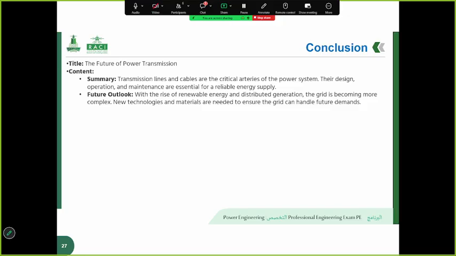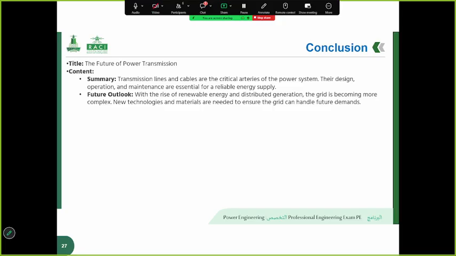We have seen that they are far more than just wires. They are the critical arteries of our electrical infrastructure. Their design, including the choice between overhead and underground, is a complex process that balances technical, economic, and environmental factors.